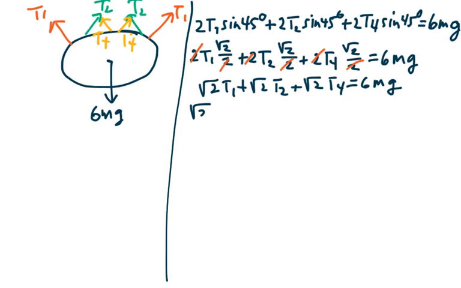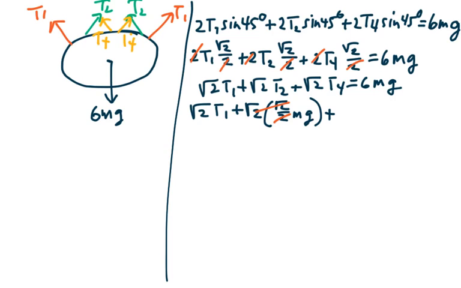Well, T2 we already know to be the square root of 2 over 2 mg, so we'll make that substitution with the 2's, square root of 2 times square root of 2 being 2, canceling with the 2 there.